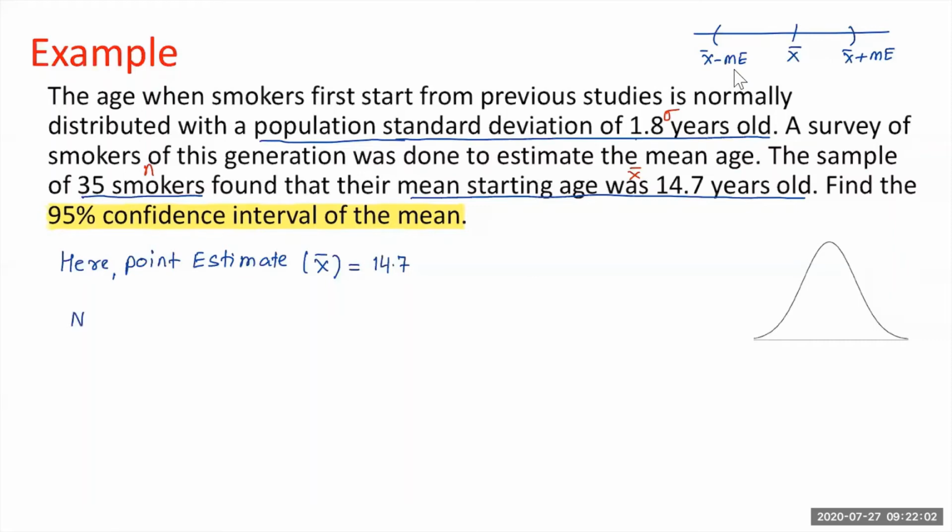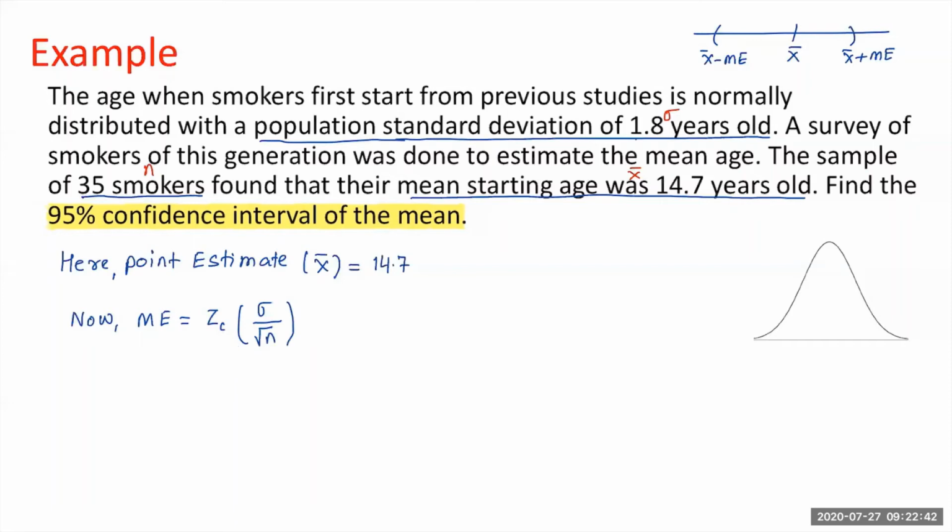If you look at your formula from the previous slide, margin of error is equal to Z sub C times population standard deviation divided by the square root of n. You have the population standard deviation, 1.8, and the sample size n is 35. But we don't have Z sub C, the z-score at the given confidence level.